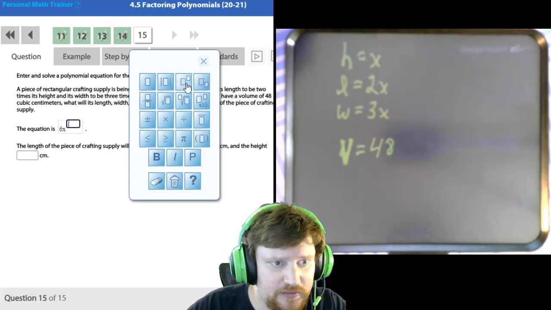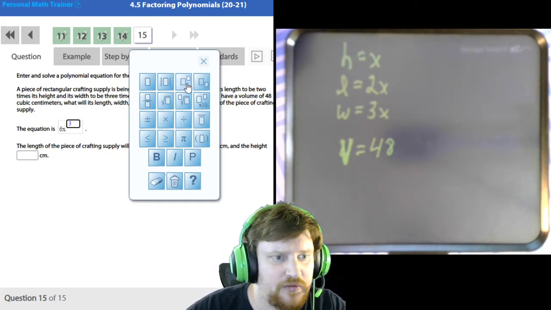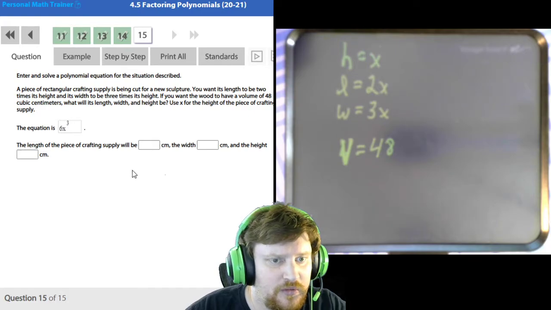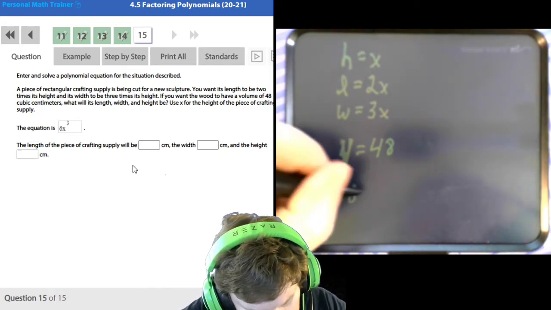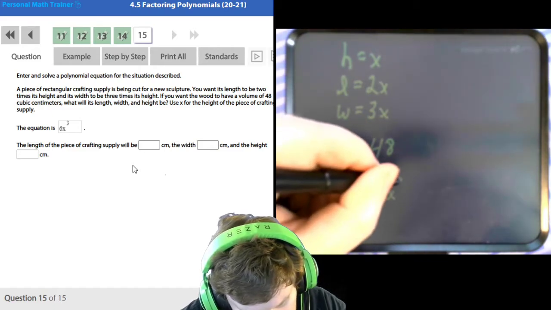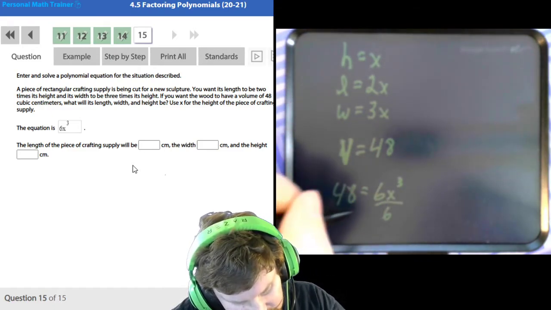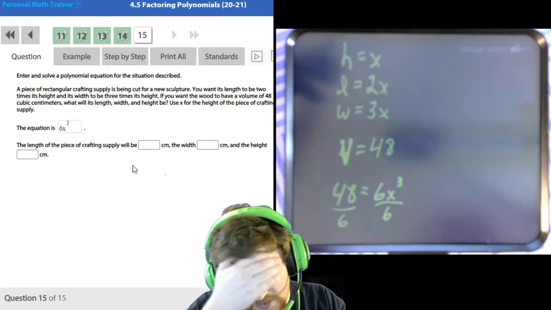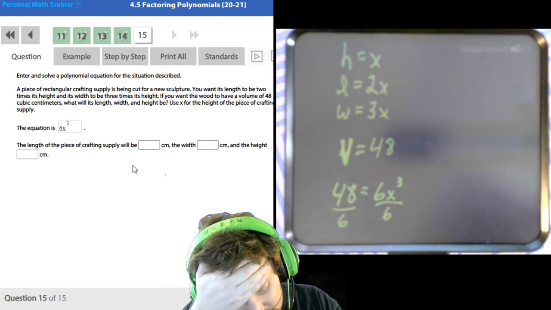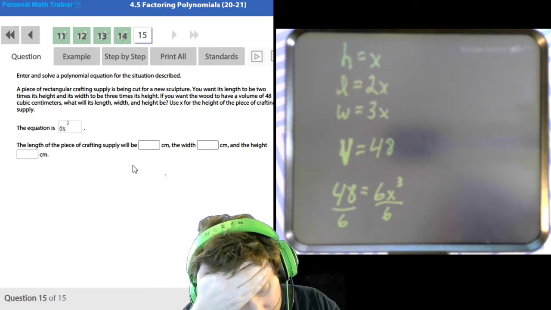6x cubed, meaning 48 equals 6x cubed. I can divide both sides by 6. 48 divided by 6 is... Why am I blanking on this? 8, right?